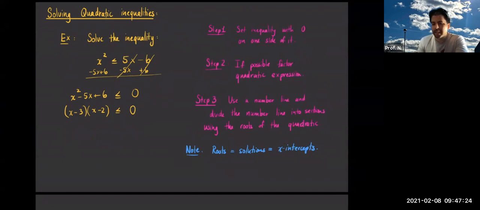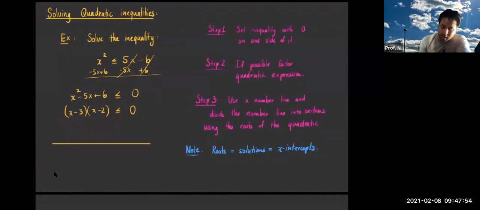It's the same thing as saying the x-intercepts of the quadratic. So what would be the solution to this quadratic if this was just an equation? You would do x equals 3 and x equals 2 as my solutions if this were an equation. But because it's an inequality, we're treating this a bit differently.